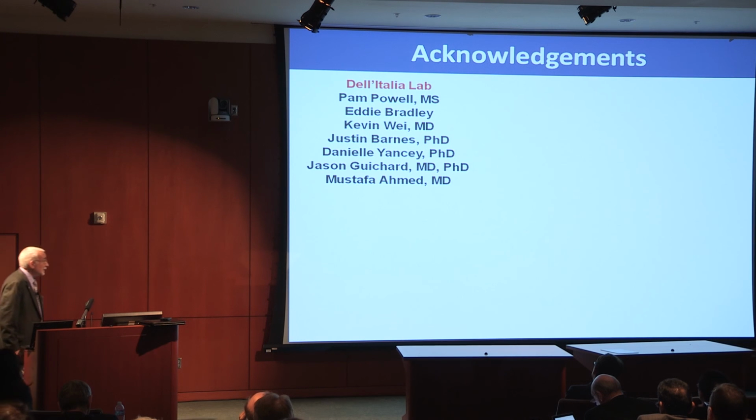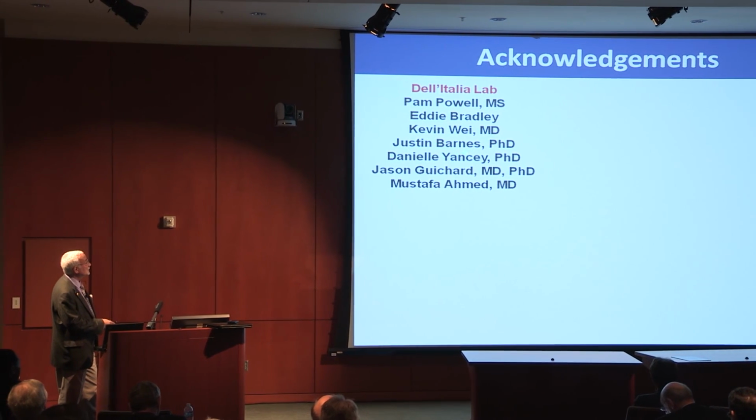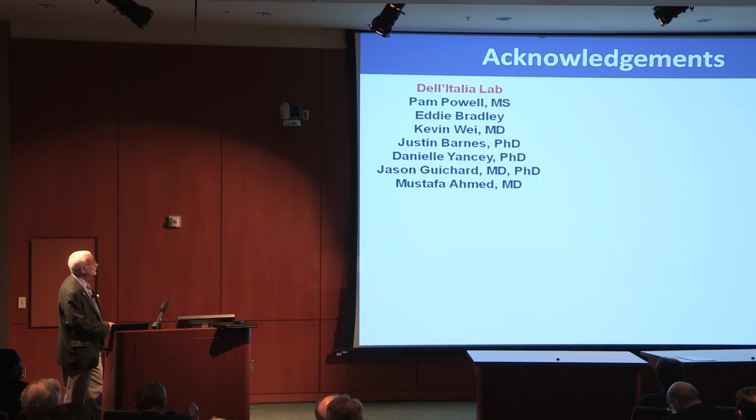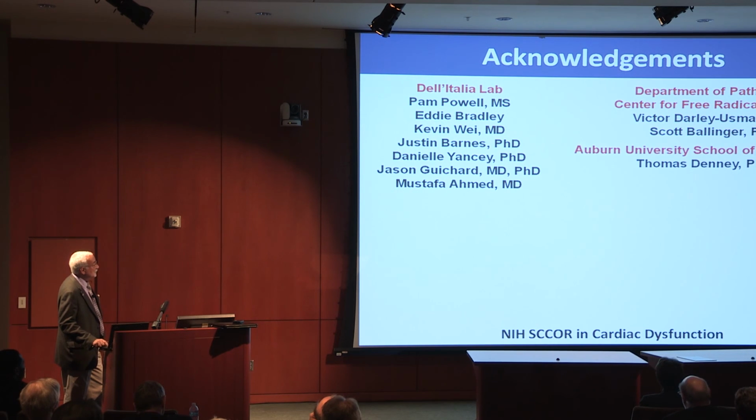So that's it. This is our laboratory of graduate students. These two guys are in the clinician scientist training track. The Center for Free Radical Biology with Victor and Scott. It was all funded by our SCORE and now R01s.